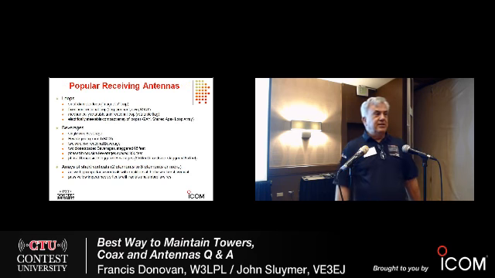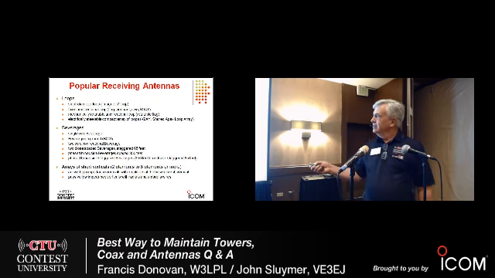So, all of these antennas fall into 3 categories. It's very simple. Loops, Beverages, just a single piece of wire or several pieces, or arrays of short verticals. 3 categories. Some of the loops are very small, and I'll show you how to build one if you're interested.